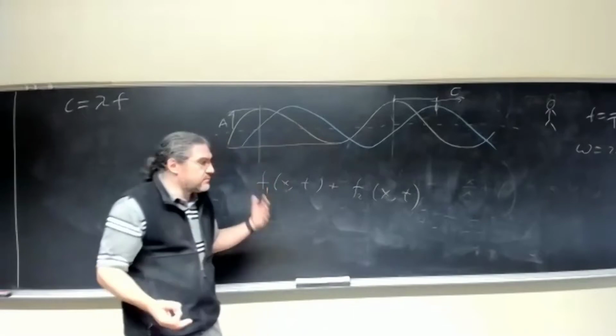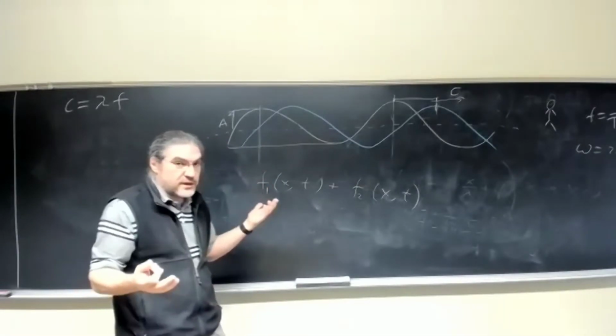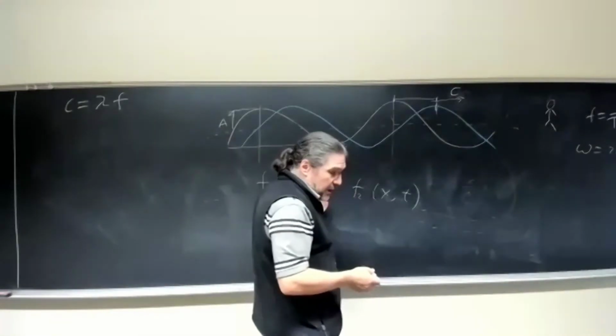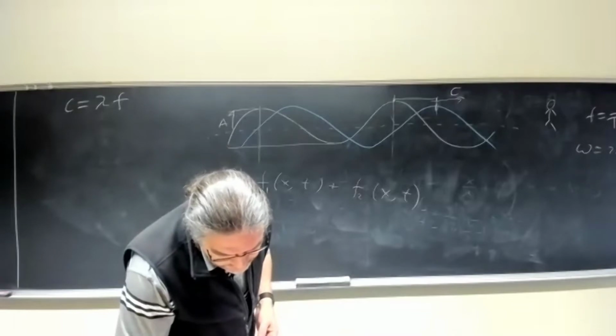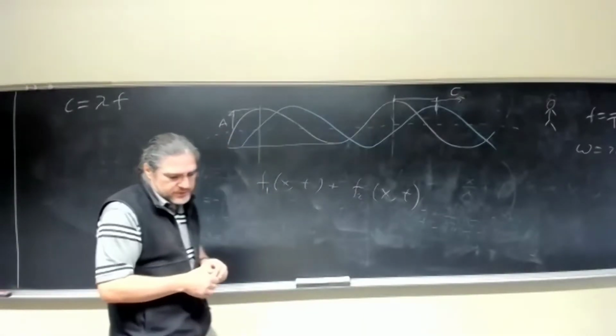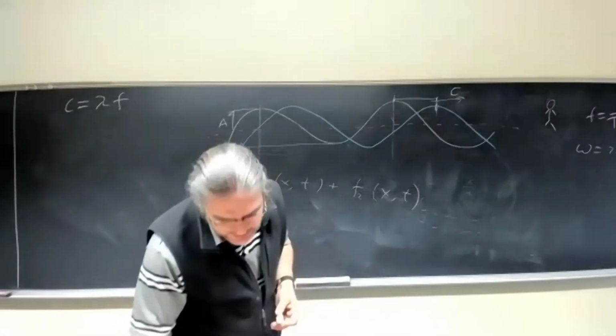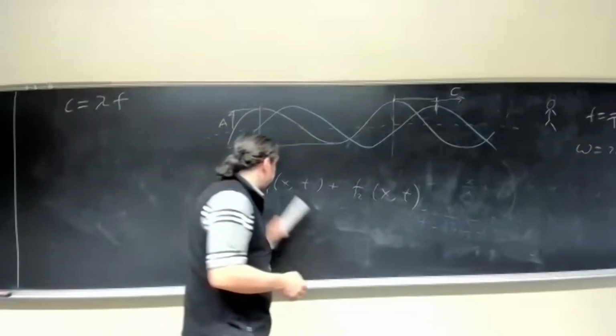There can be many complicated ways to combine two functions into one. But for waves, it's the principle of superposition, and it comes from the linearity of all the wave equations. And we will only use linear wave equations.